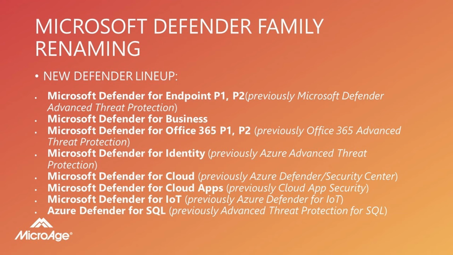Azure Security Center and Azure Defender will now be called Microsoft Defender for Cloud. Cloud App Security, the Microsoft CASB product, will now be called Microsoft Defender for Cloud Apps, and Azure Defender for IoT will now be called Microsoft Defender for IoT. So there are now 10 different products that carry the Defender name, which can be confusing.